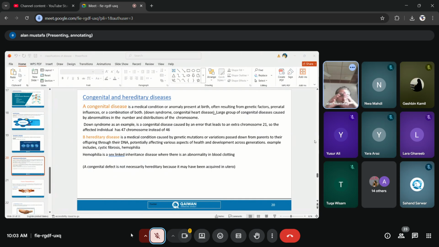So let's say there is a fetus who doesn't have any chromosomal problem, any problem with their gene, and they start growing inside the uterus of the mother, and then at one stage there is a problem with this growing, then there is a congenital disease.